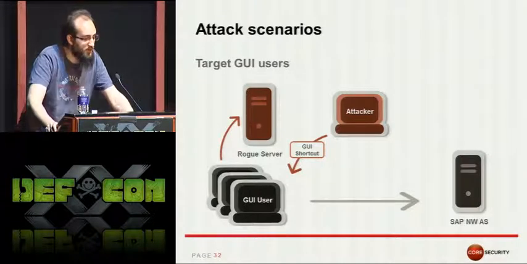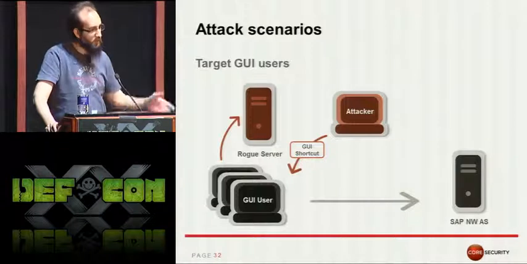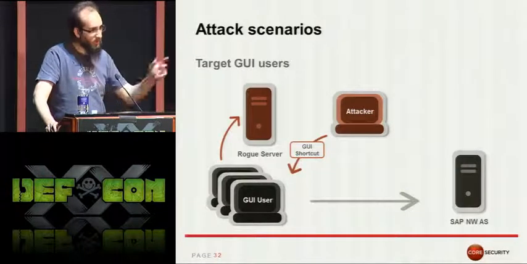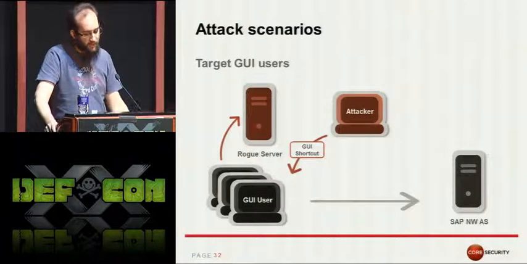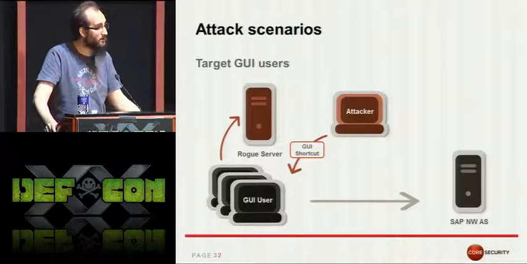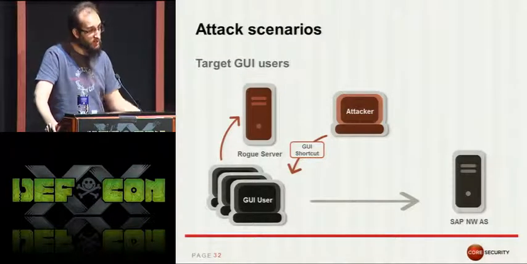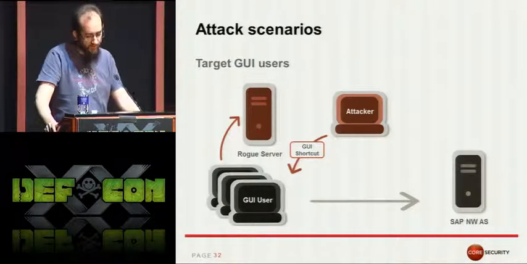So, for example, you can send by email, or embed in a web page, different .sap files or GUI shortcuts, and point those shortcuts to your own fake servers, for example, to gather credentials or to inject RFC codes in the clients.